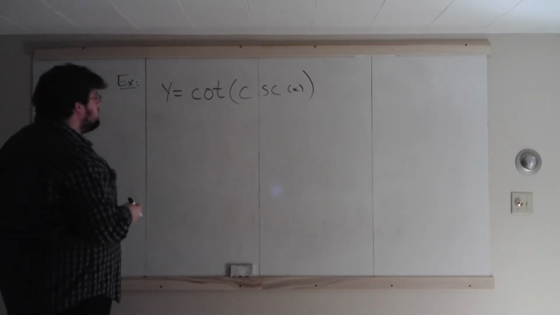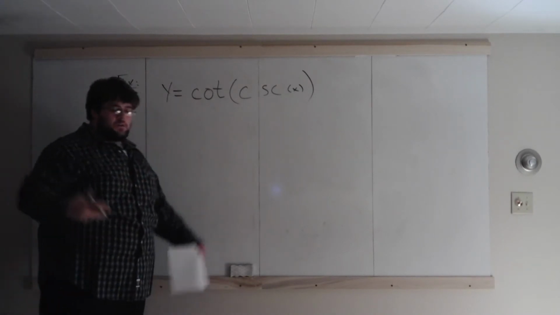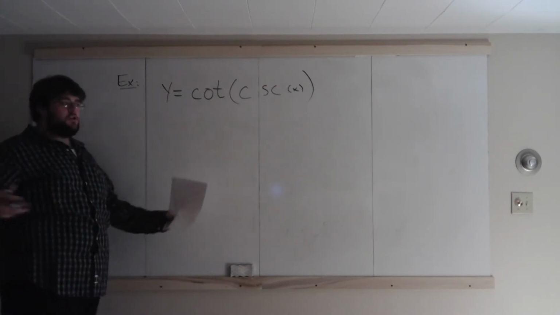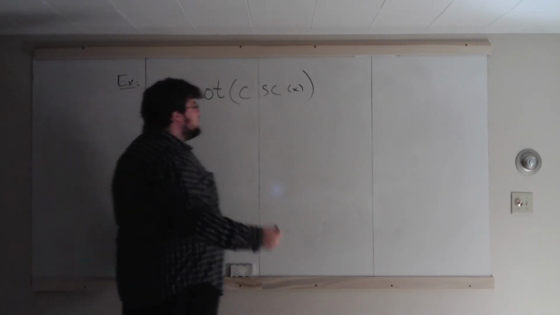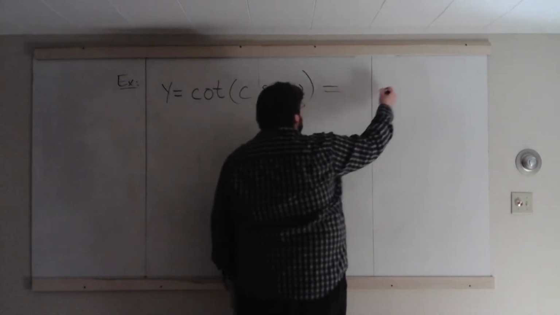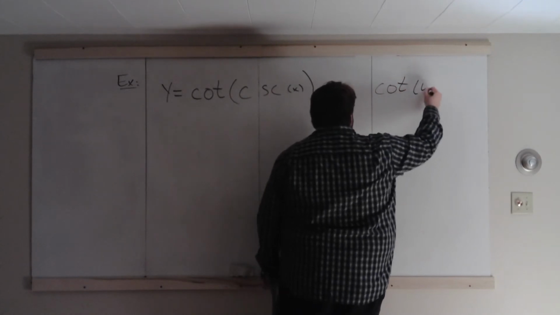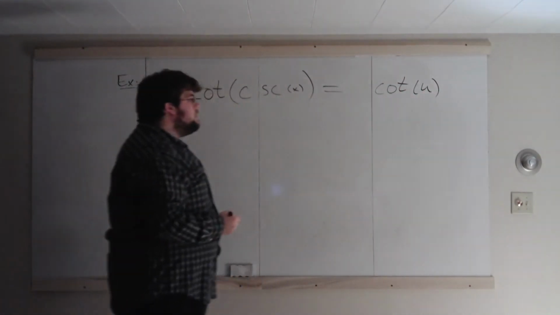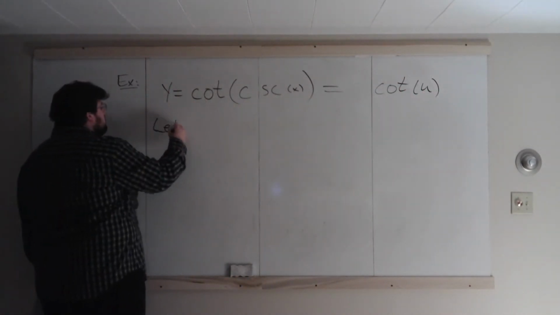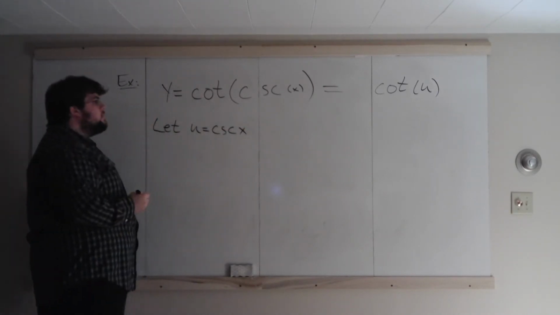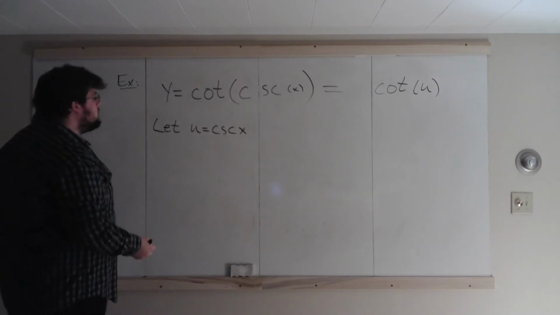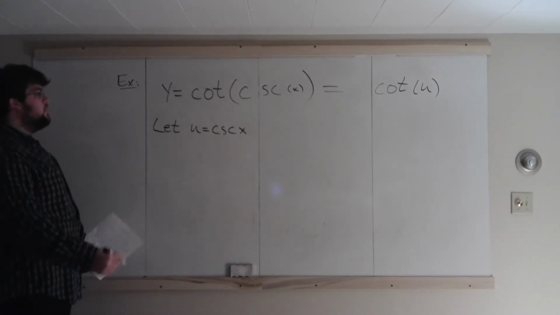So when I look at this function, my first thought is this is a cotangent function. It is the cotangent of something. What's that something? Well, let's call it u. U is now cosecant of x, and the original function is cotangent of u.